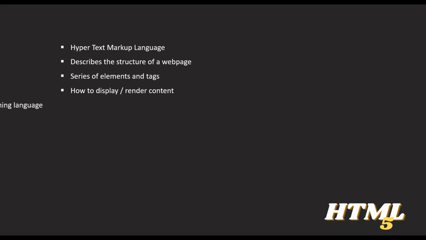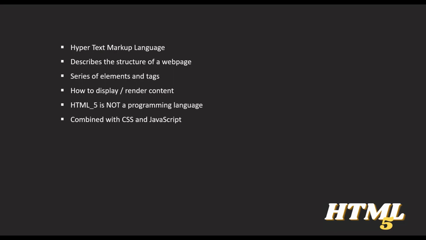HTML5 is not a programming language. Programming languages contain some form of logic. HTML is just a markup language to tell the browser how to display your content and is often combined with CSS and JavaScript to build modern responsive websites or web applications.